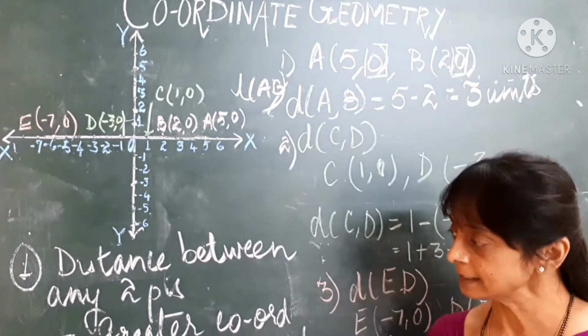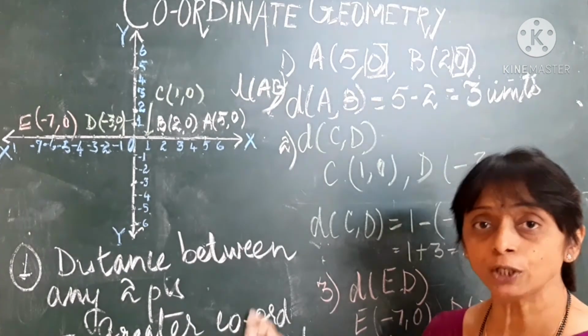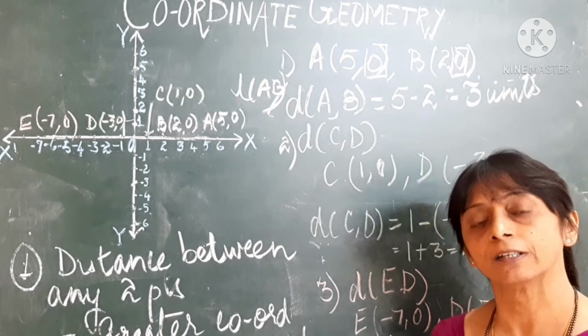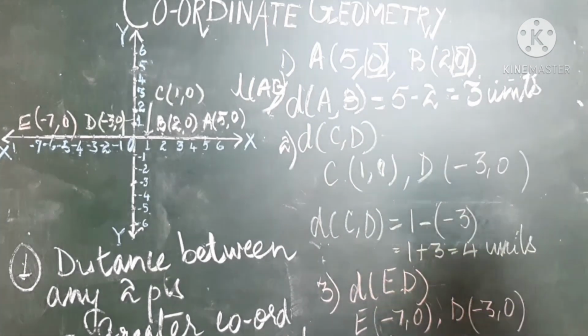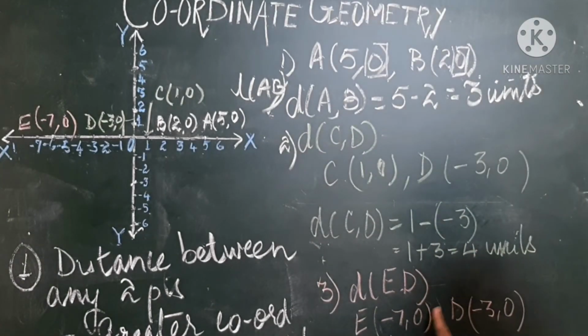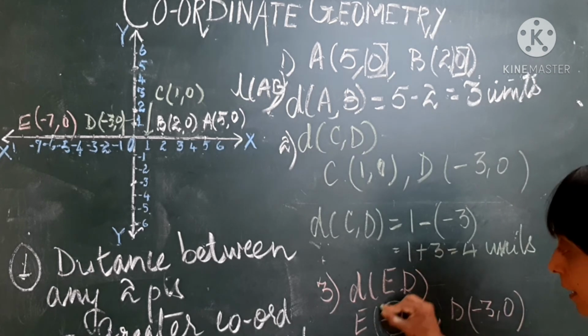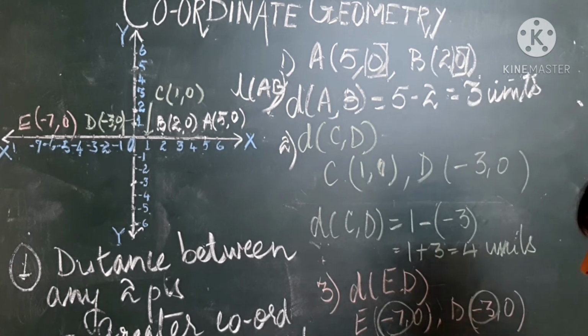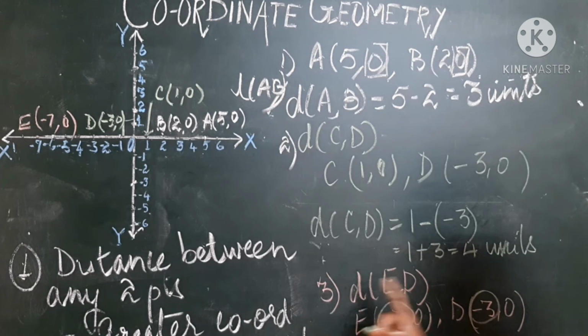using the same formula, in other words, finding the absolute value gives us the distance between any two points. So now, E over here, y coordinate is 0, so let's concentrate only on the x coordinates. E has x coordinate as minus 7, D has x coordinate as minus 3. So which is greater? Is minus 7 greater or is minus 3 greater?